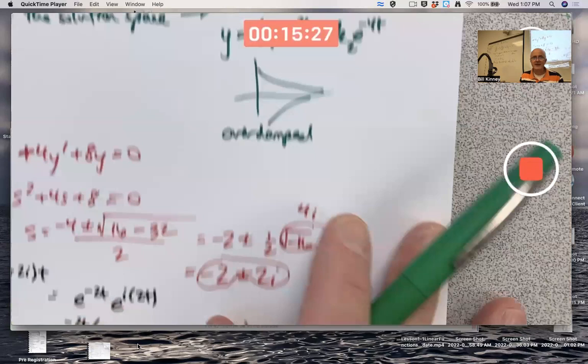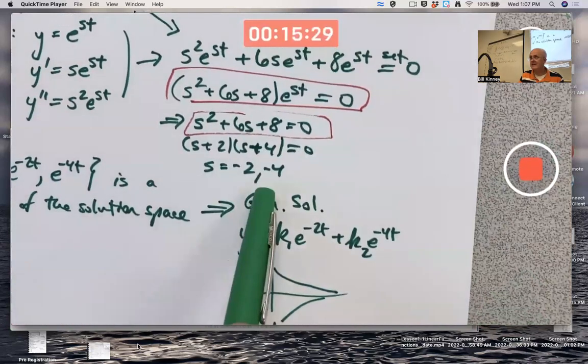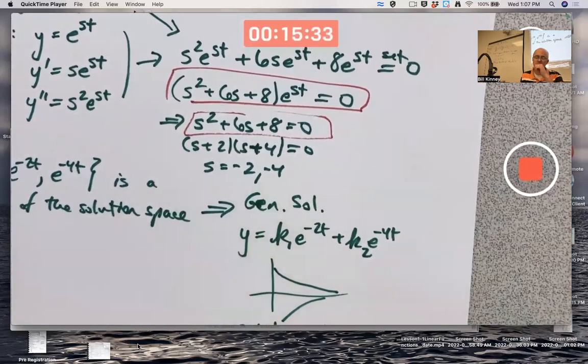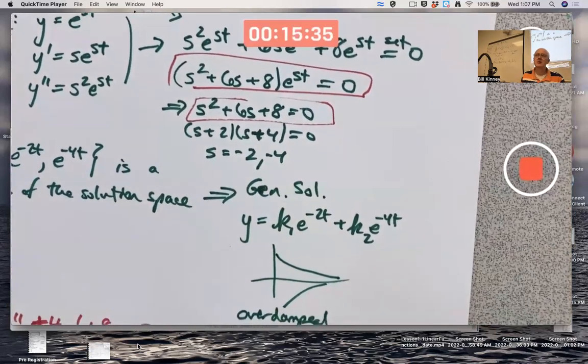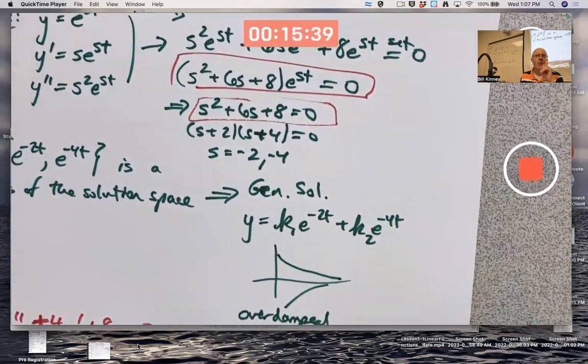When it's real eigenvalues, and if they're distinct real eigenvalues, it's going to be overdamped. The boundary between the two cases is called critically damped. You have only one real eigenvalue in that case. The characteristic polynomial has a double root.